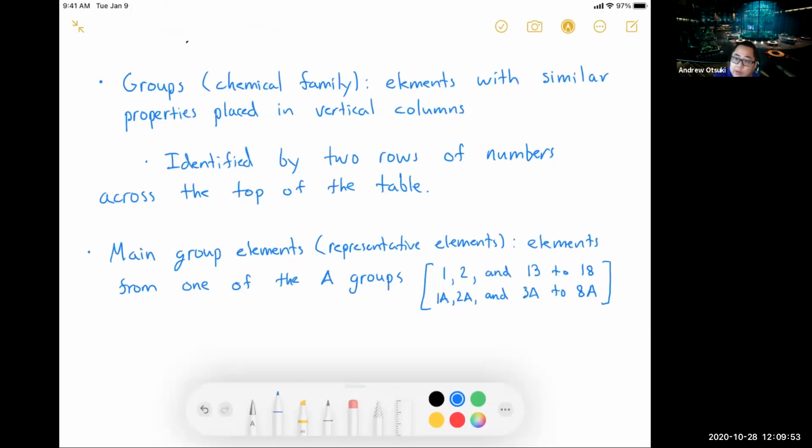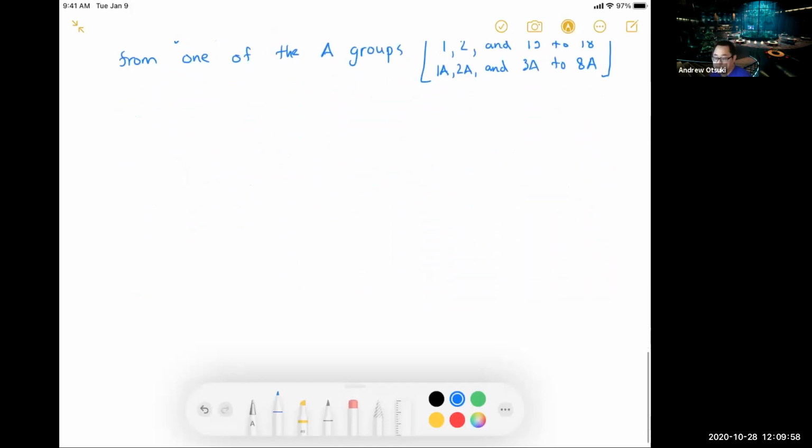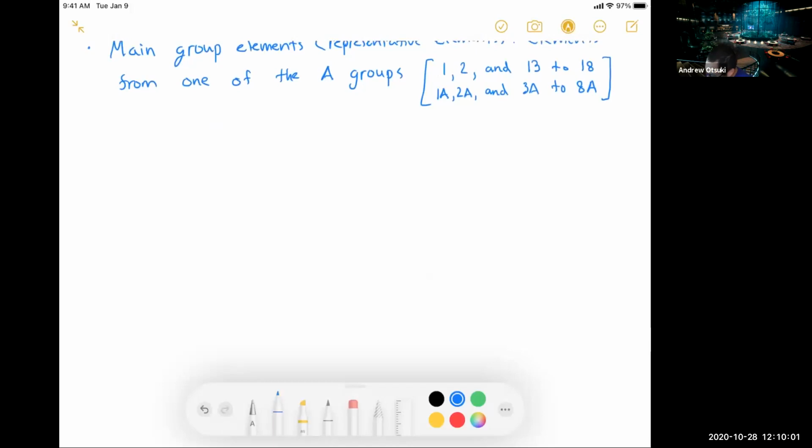So that's the periodic table and a good introduction. Okay, so let's talk about some other parts of the table. Now we have transition elements. They are known as transition elements because they can take on more than one charge in various compounds.